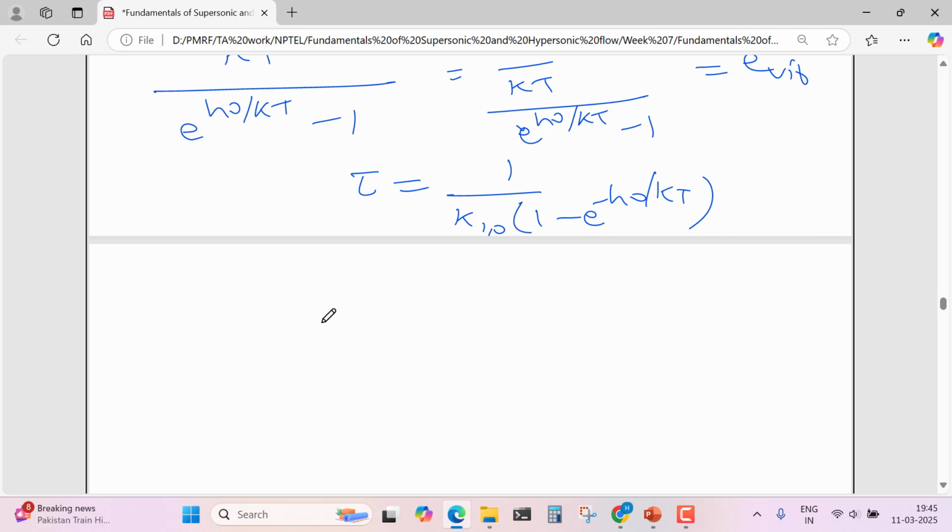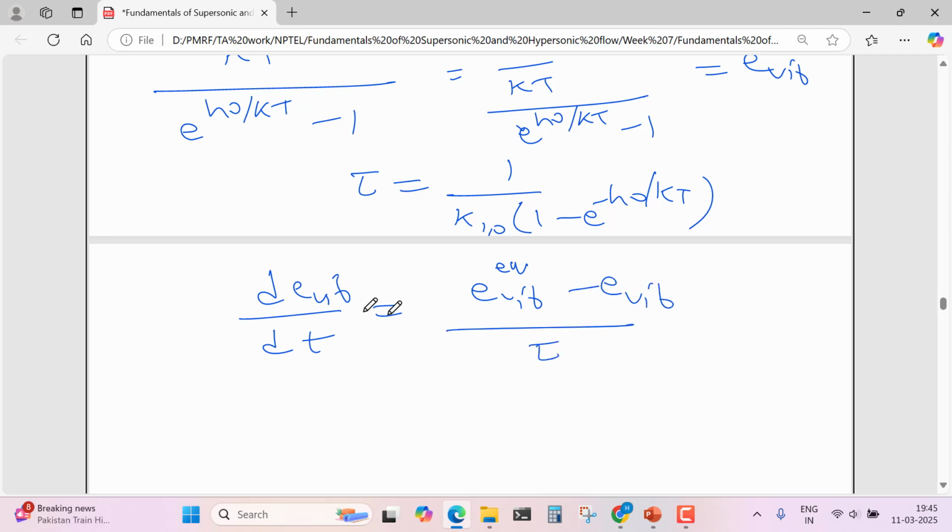So our equation dE vibrational upon dt will become E vibrational equilibrium minus E vibrational upon tau.